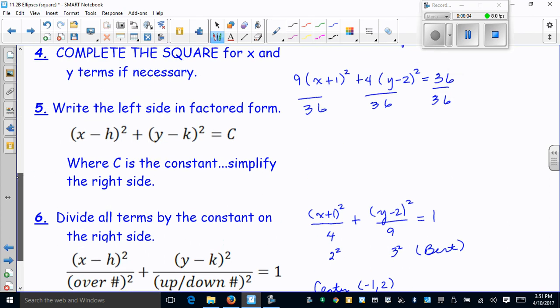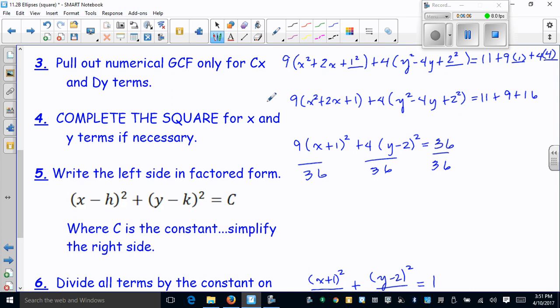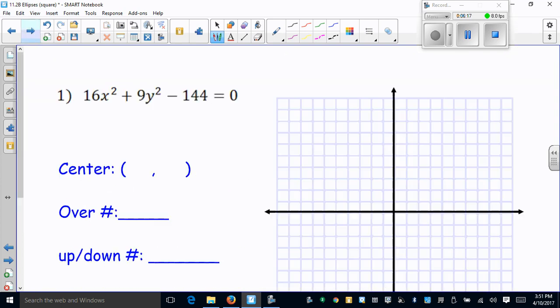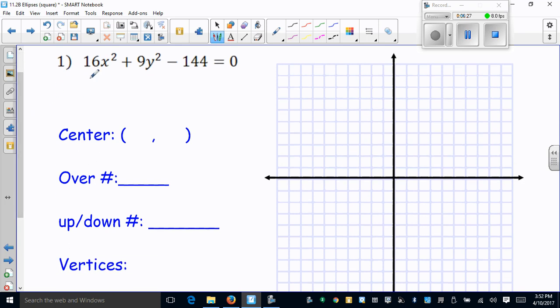We're going to do one more, and then the other two will become homework problems. Okay, this one actually is a little bit easier because there's no plus x, no plus y. So this one's going to go very quickly. 16x squared plus 9y squared equals 144.